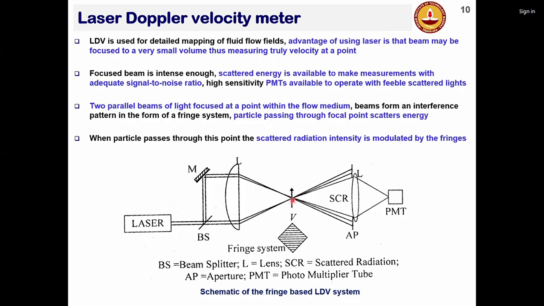So when a particle crosses this point of intersection of the beams, where there is high energy, it scatters this laser beam. This scattered signal is then focused using an aperture, and further by a lens, and collimated at the detector, which is a PMT or photomultiplier tube, as I said, which quickly converts this light energy falling on it into electrical energy.